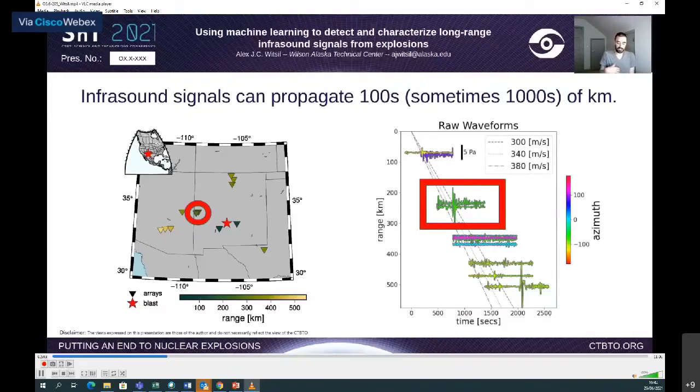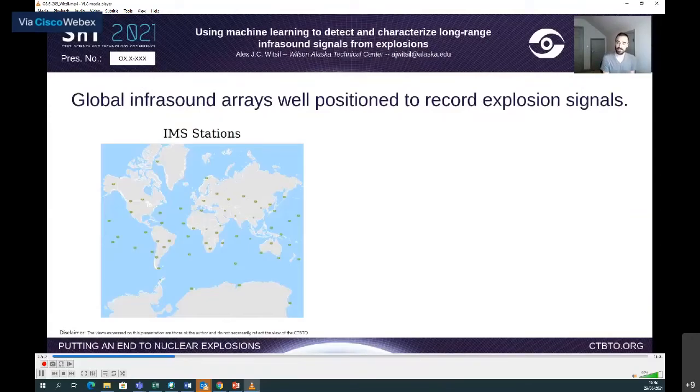And this is all meant to motivate the fact that infrasound data can be and should be used as a monitoring tool. This by no means is a novel idea. Obviously, the CTBTO and the International Monitoring System have deployed a global network of infrasound arrays, pictured on the left-hand plot here.